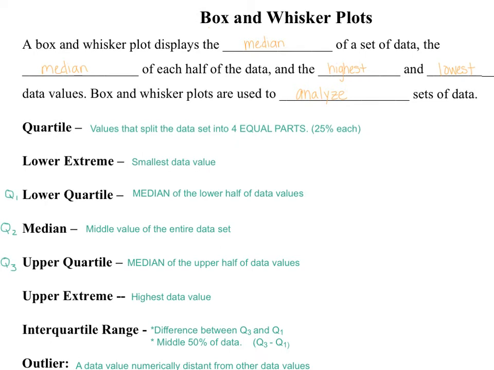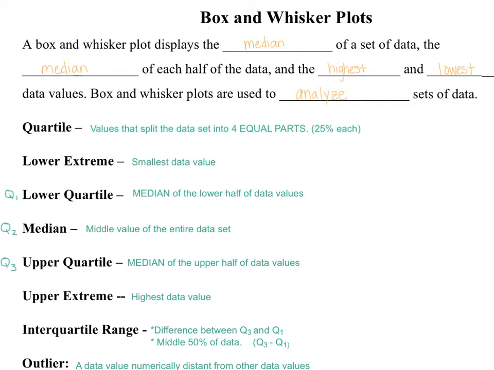So there are different parts of a Box and Whisker Plot that can help you analyze what's going on. One of those is a quartile. There are 4 quartiles because you guys know that quarter means 4. So a quartile is a value that splits the data into 4 equal parts.